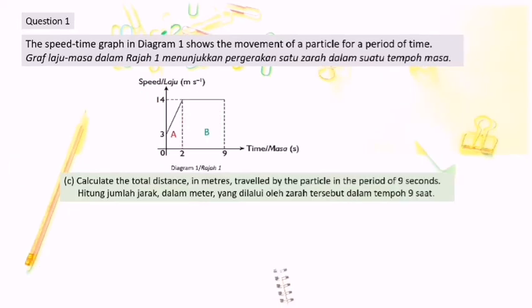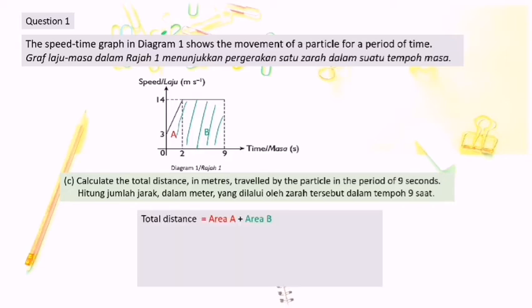C. Calculate the total distance in meters traveled by the particle in the period of 9 seconds. As we know, the total distance equals the area under the graph. In 9 seconds, we can divide the area into 2 parts, part A and part B. Total distance equals area A plus area B. Area A is a trapezium, so we use the area of a trapezium.